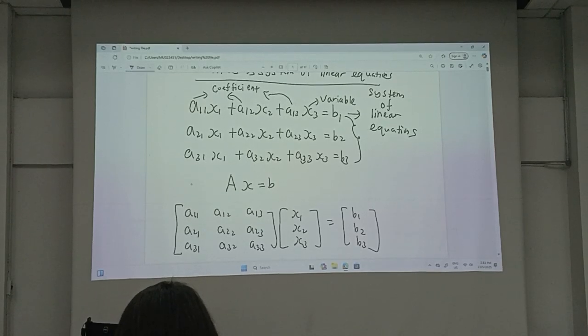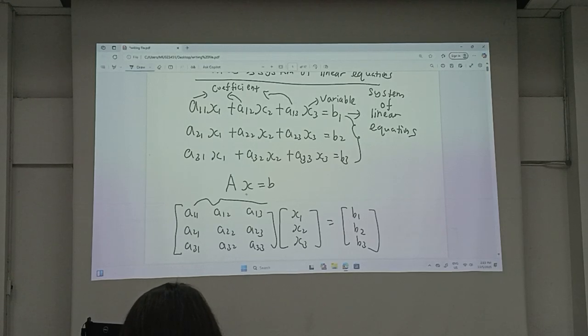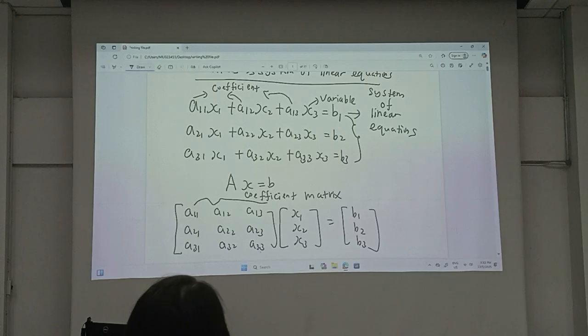Sometimes the question may ask you to write down the coefficient matrix, which means write down this matrix.